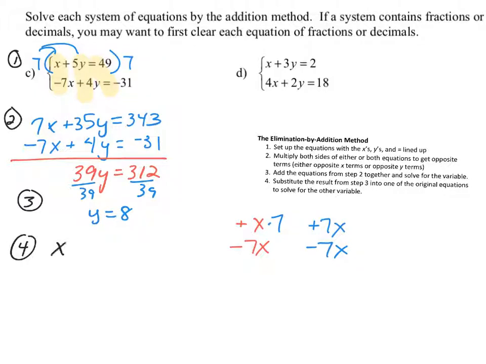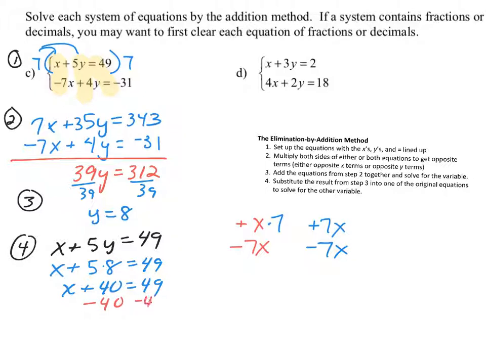Let's use the first original equation, x plus 5y is equal to 49, where I'm going to replace the y in that equation with 8. And then I get x plus 40 is equal to 49. And then by subtracting 40 from both sides, we can find that x is equal to 9. So our solution can be written as the ordered pair (9, 8).